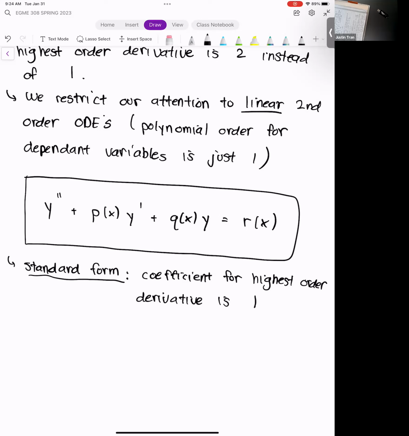It's a good habit to put your equations in standard form, because it makes things a bit easier.